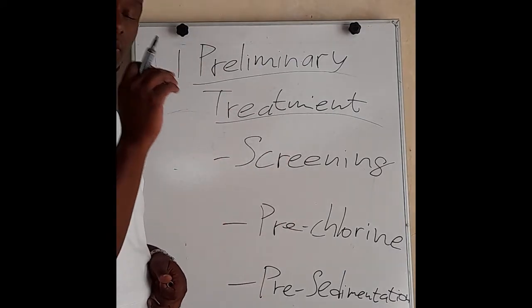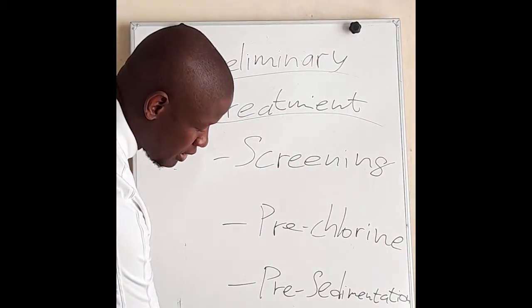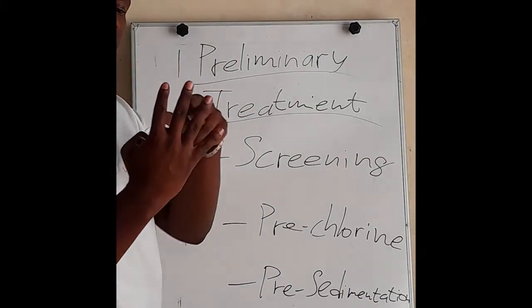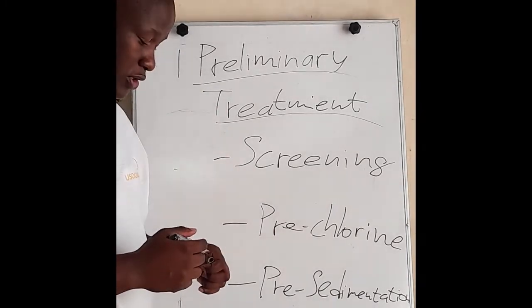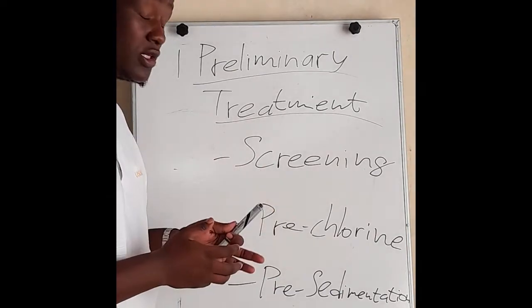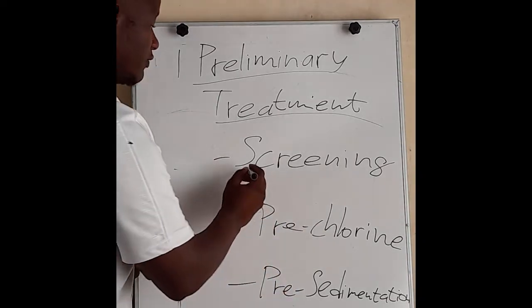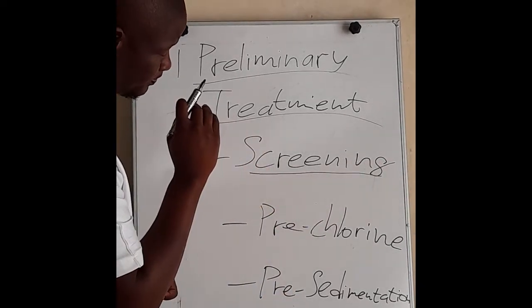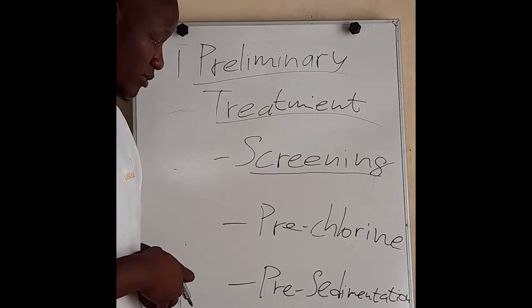You would normally get your plastics, rags, and so forth being held up by those forks, and water and other smaller solid particles will be able to go through. But the larger solids will be held behind by the screens. So that's the first process that you normally go through under your preliminary treatment.